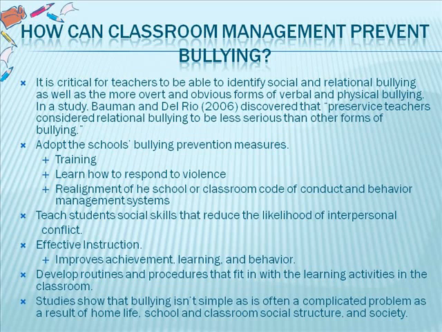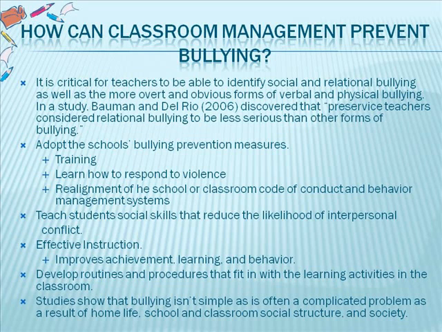So how can classroom management prevent bullying? Firstly, it is critical for teachers to be able to identify social and relational bullying as well as the more overt and obvious forms of verbal and physical bullying.